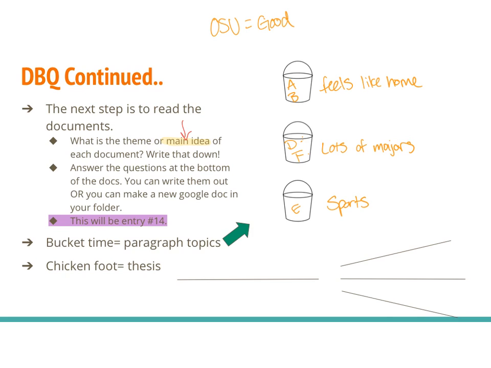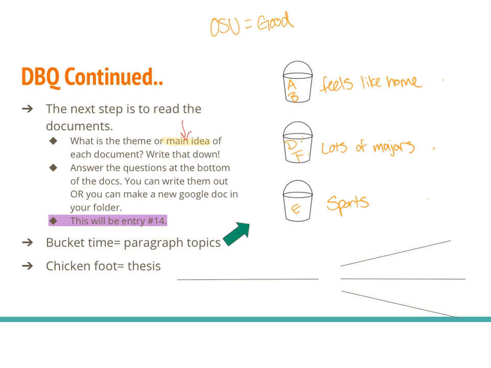And then when you figure out these topics, you're going to go back and figure out which documents talk about your topics, okay? So there needs to be at least 2 documents in 2 buckets, and if you only have 1 document in your last bucket, that's fine, okay? But at least 2 buckets have to have at least 2 documents. So that's what it should look like on your bucket page.